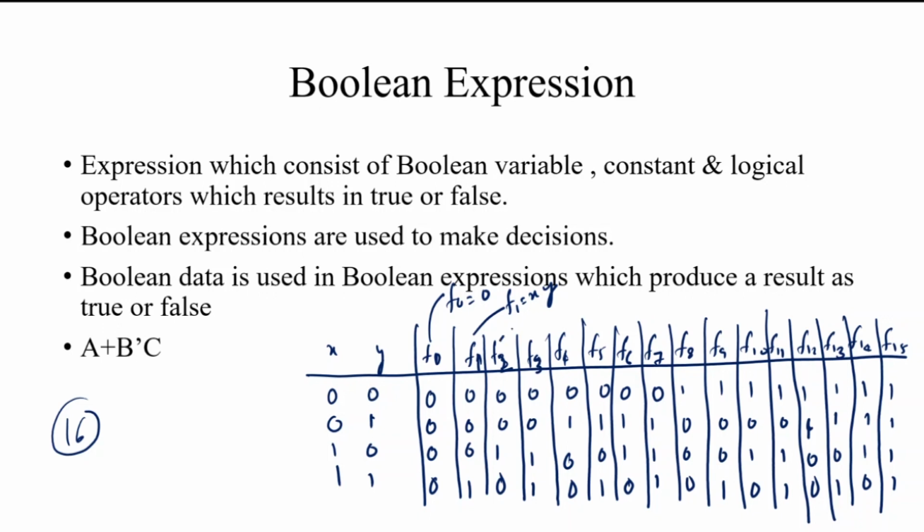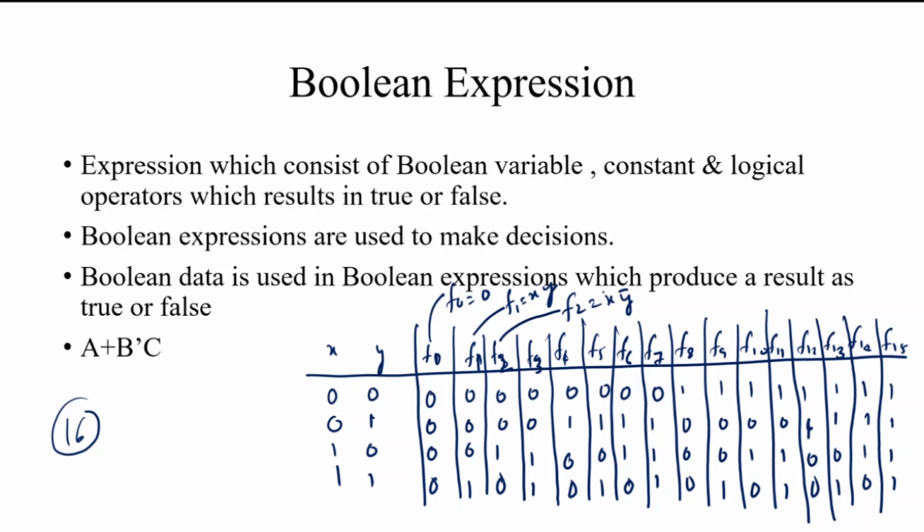Only in this particular combination is the value of f2 equal to 1. In the rest of the combinations the output is 0. How do we simply write it? f2 is written for only this combination, when x is high and y is low, meaning y complement is high.